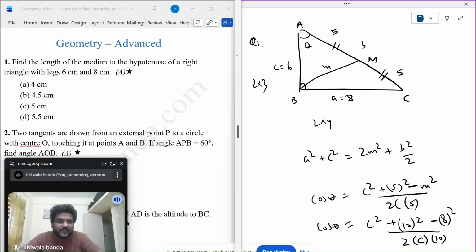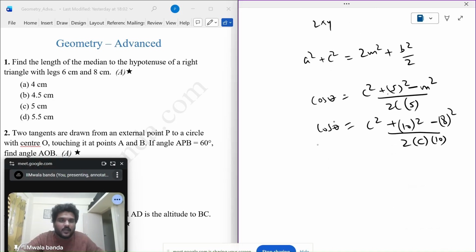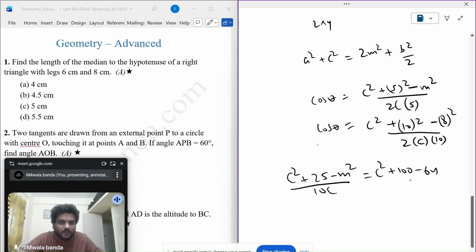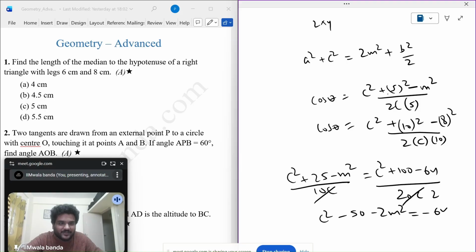And if you equate these two, you basically get c square plus 25 minus m square upon 10c, equals c square plus 100 minus 64 upon 20c, or 2c square plus 50 minus 2m square is equal to minus 64. We'll take it here.